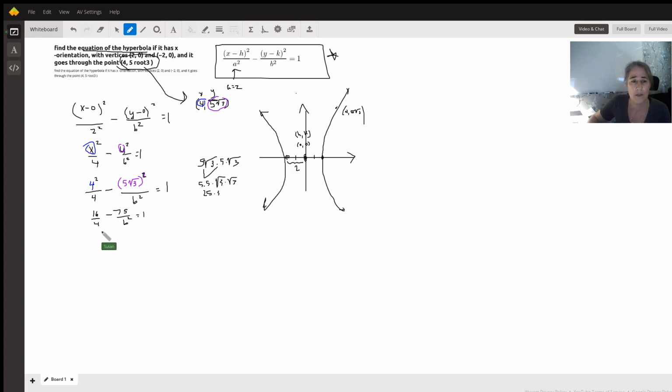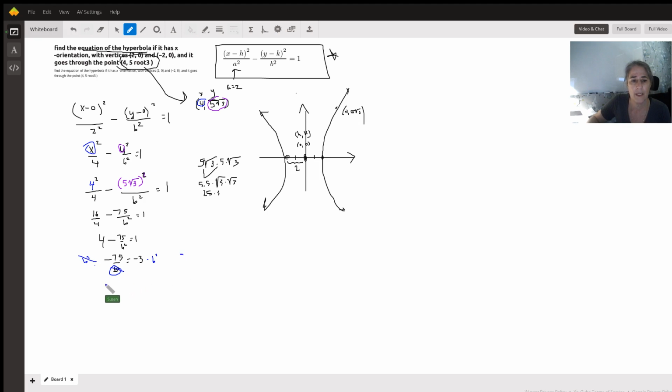And then I'm going to simplify that to 4 minus 75 over b squared equals 1, and just keep solving for b. So I'm going to take away 4 from both sides. That's a negative 3. And I've got a problem. Remember, I'm still trying to find this b value, and it's in the denominator. So I multiply both sides by b squared just to get it out of there and get it ready to solve.